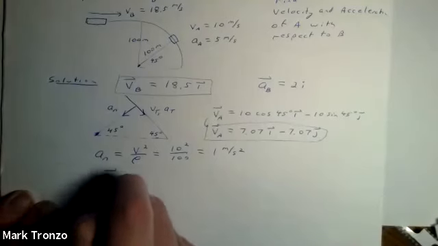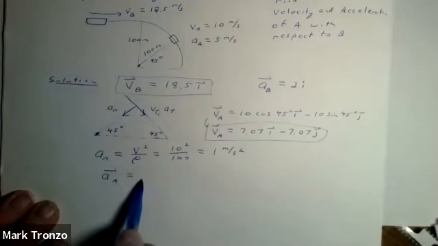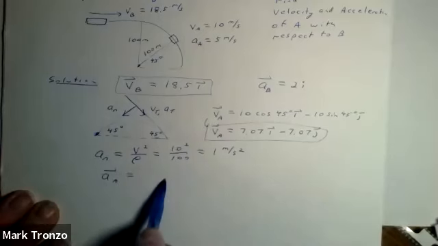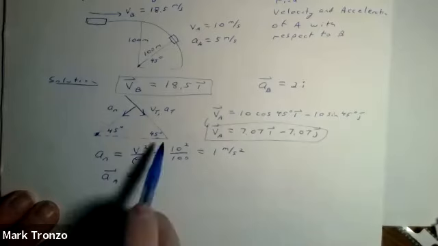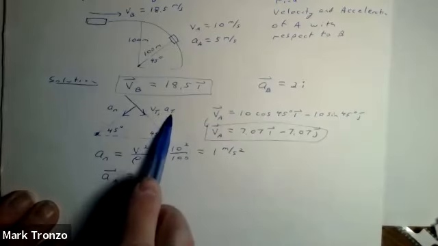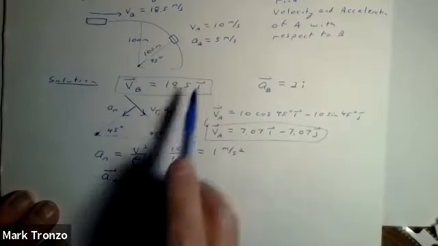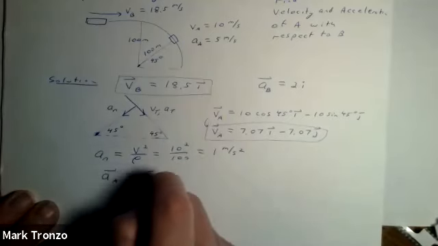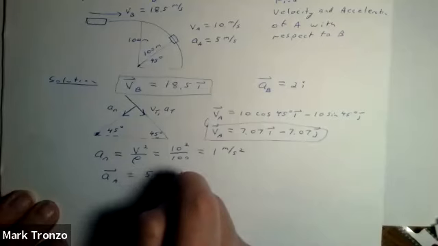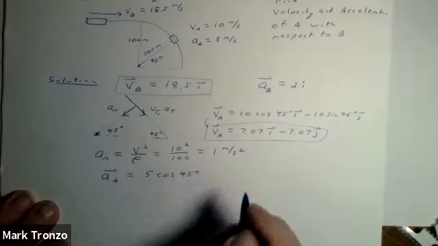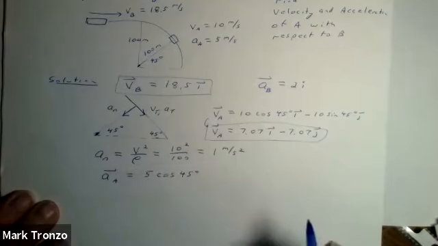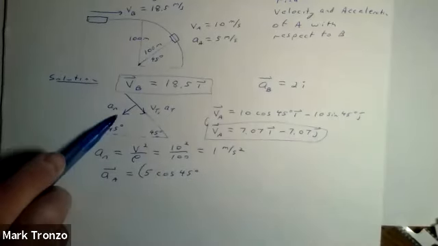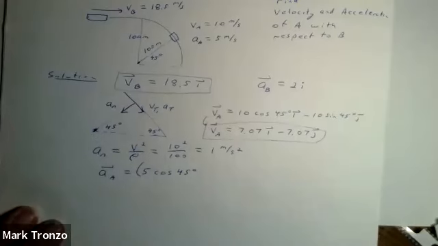So the A of A. Now again, for the I component, we have to be careful here. So the I component, we have this tangential acceleration, which is this. So it's going to be 5 cos 45 degrees. But then we need the I component of this normal acceleration too, right? And let's see, what does that look like?